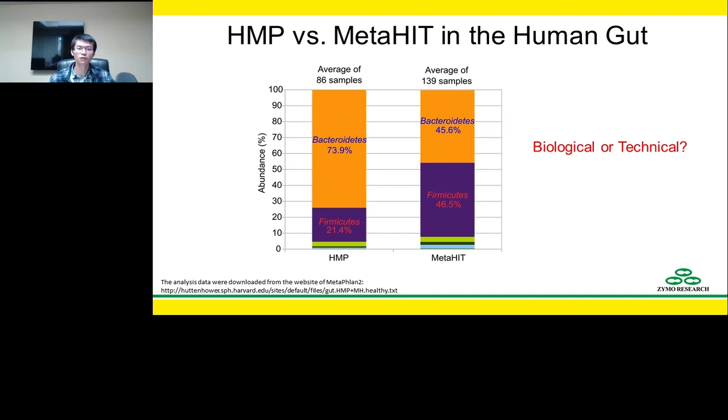This figure shows the average profiles of the human gut microbiome determined by these two projects, and as you can see, the two profiles look dramatically different. The question is, are these differences biological differences or technical differences?